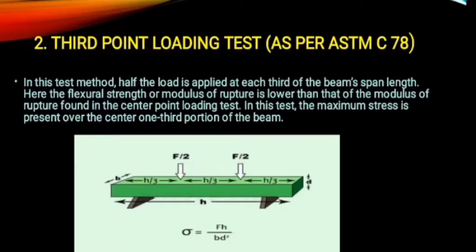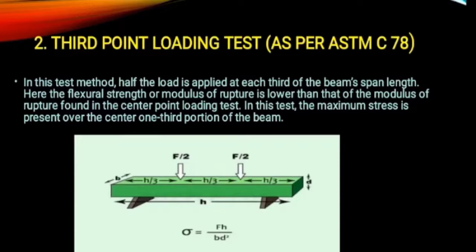So dito sa third point loading test is maglalagay tayo ng dalawang load sa ating beam na ang location niya is sa every 1/3 ng ating beam. So maglalagay tayo ng dalawang load na kalahating load kumpara doon sa center point loading test.